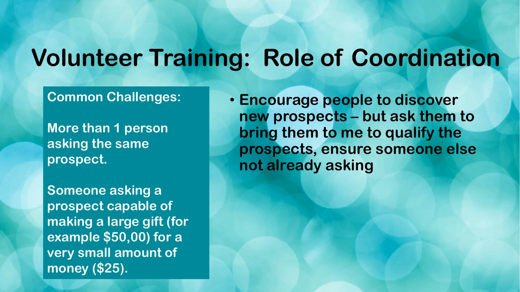And then another big thing that we talk about in training is the role of coordination and the role that you play in coordination. This is something that comes up all the time when there are lots of volunteers asking. I find volunteers go out and I want them to generate new prospects. But I find that lots of them will generate the same prospect.